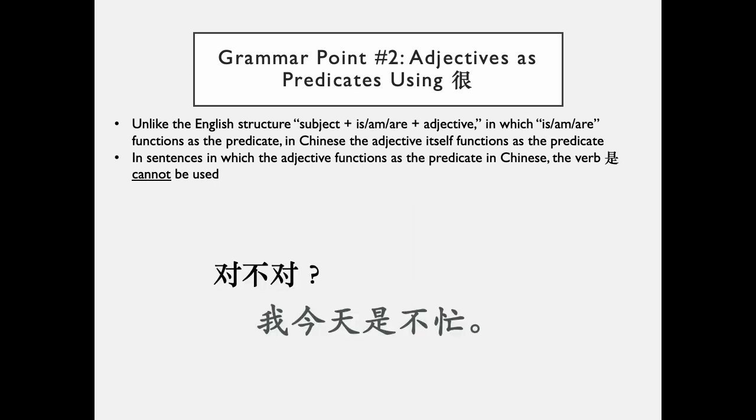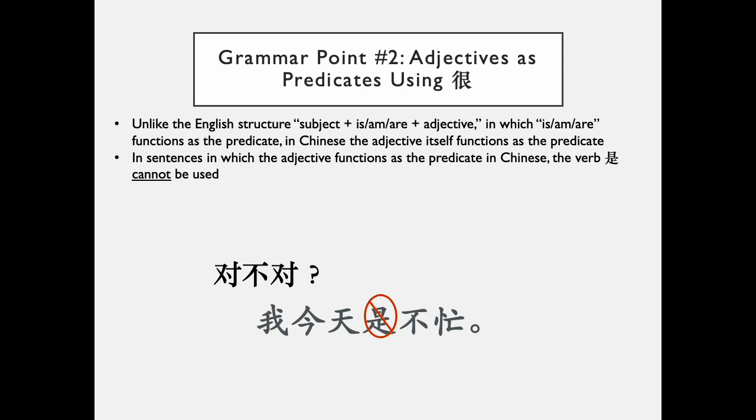对不对?我今天是不忙,对不对? And I hope you said 不对, because we've already mentioned this. 忙 is an adjective as a predicate, meaning it already has the verb inside of it. So you don't need to include another verb. In fact, if you do, it is incorrect.